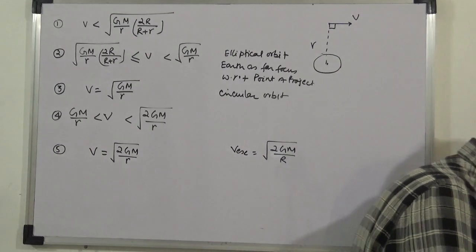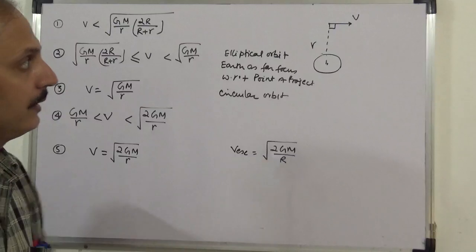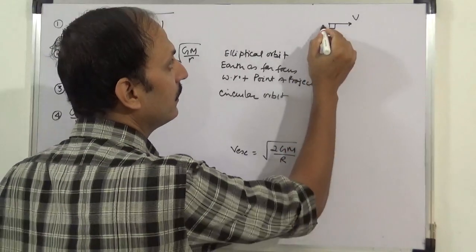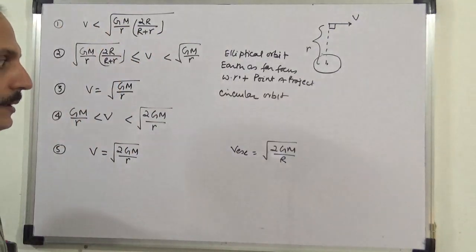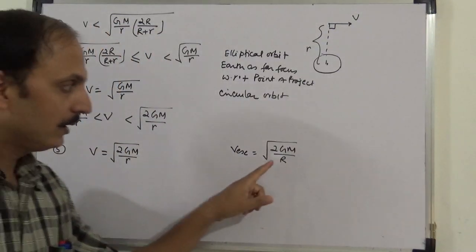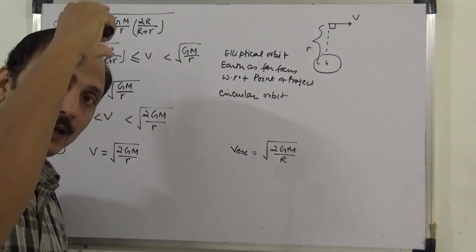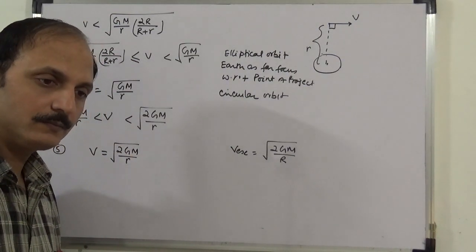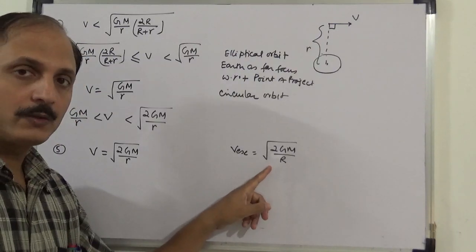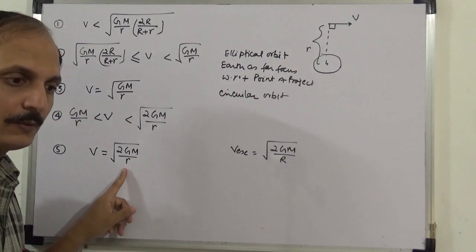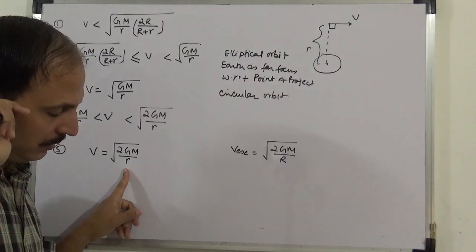In this case it is sqrt(2GM/r), where small r is the radius of the point of projection from the earth's center. This is the escape velocity from a certain height above the earth's surface. Okay, there is a difference in both. The 11.2 will depend on the small r, the height from which you are trying to project the satellite.